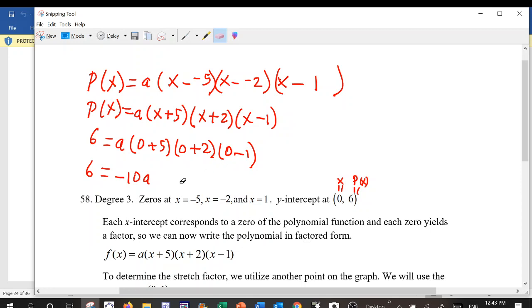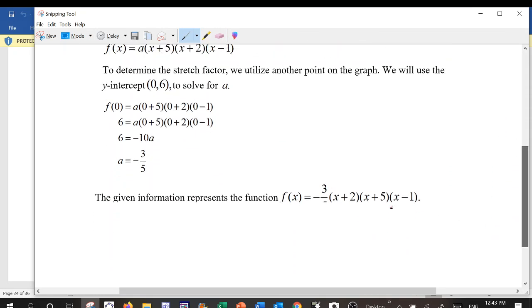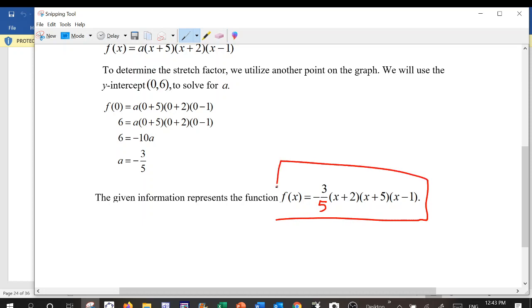So a equals 6 over negative 10, which is negative 3 over 5. Let me fix it here. So that is our formula: negative 3/5 is a, times x plus 2, x plus 5, x minus 1.